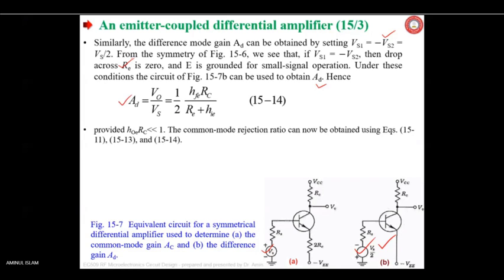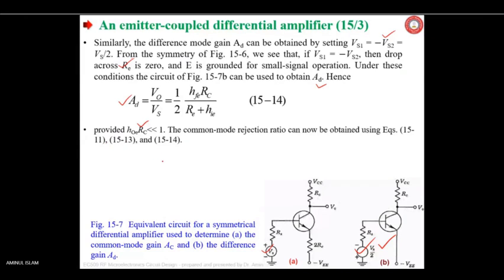It is given as VO by VS equals half into HFE RC by RE plus HIE, provided that HOE RC is much less than 1. The common mode rejection ratio can now be obtained based on equations 15-11, 15-13 and 15-14.